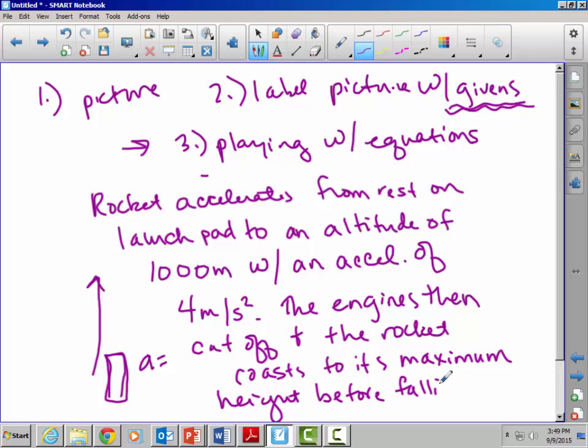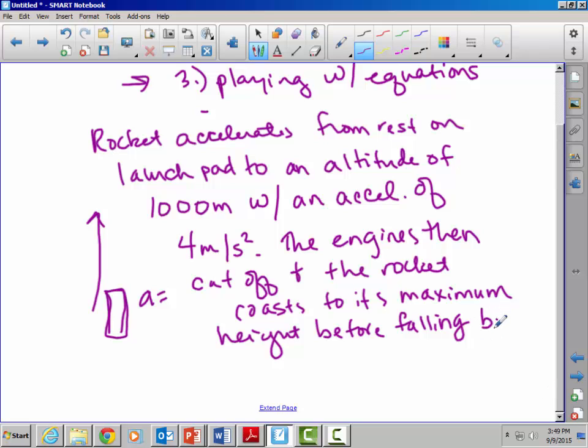And this is like a toy rocket, guys. This isn't like a shuttle. This is a little model rocket. Okay. Model rocket. I guess that's pretty high for a model rocket, but we'll roll with it.